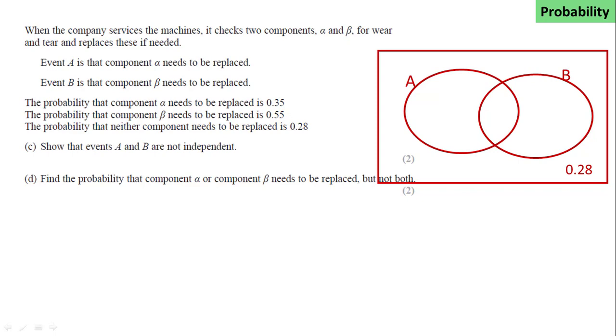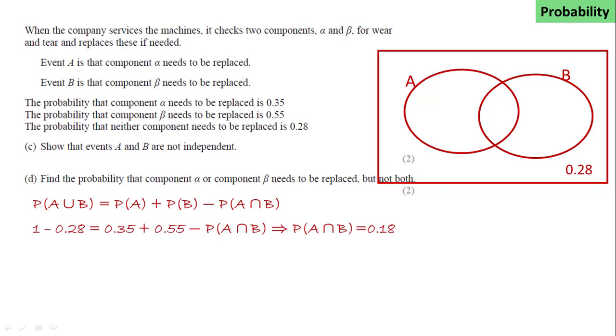Okay, to work out the probability of the overlap of A and B, we use the probability of A union B equals the probability of A plus the probability of B minus the probability of A intersect B. So 1 minus 0.28 equals 0.35 plus 0.55 minus the probability of A and B, which means the probability of A and B is 0.18.